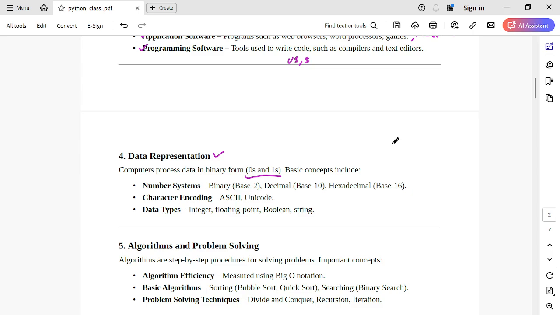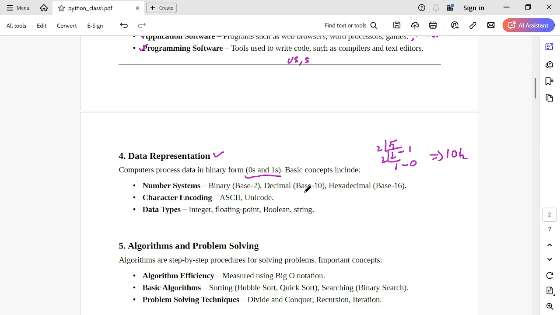For example, if you want to represent the decimal 5, we can represent 5 in the binary notation: 2 twos are 4, remainder 1, 2 ones are 2, remainder 0. So the binary representation of 5 is 101, right? So this is what binary, which is base 2 representation.